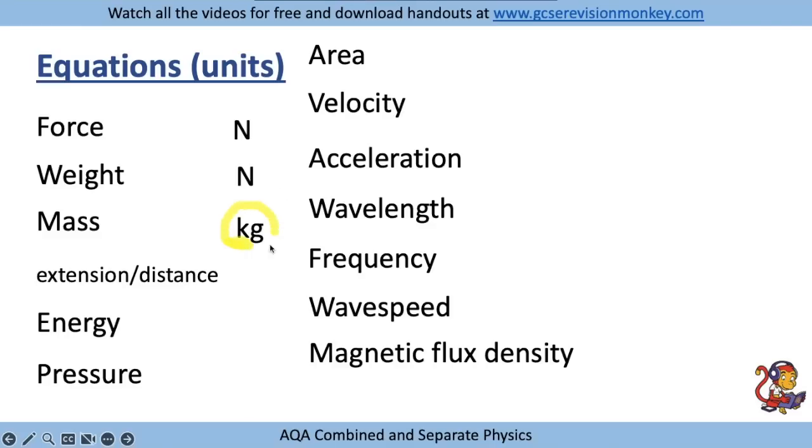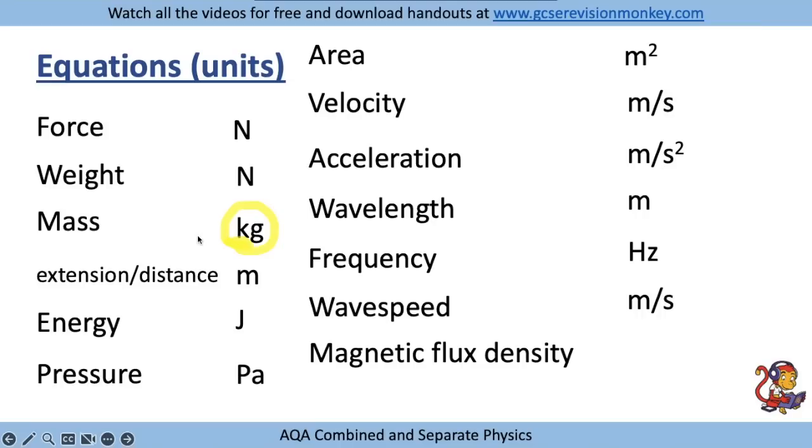Mass comes in kilograms, so you don't have to convert that quantity. Extension or distance is meters. Energy is joules. Pressure, pascals. Area, meters squared. Velocity, meters per second. Acceleration, meters per second squared. Wavelength in meters. Frequency in hertz. Wave speed in meters per second. And magnetic flux density in teslas.